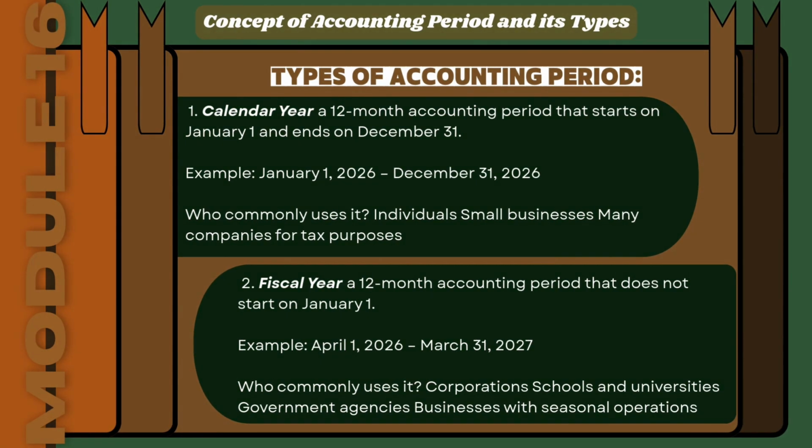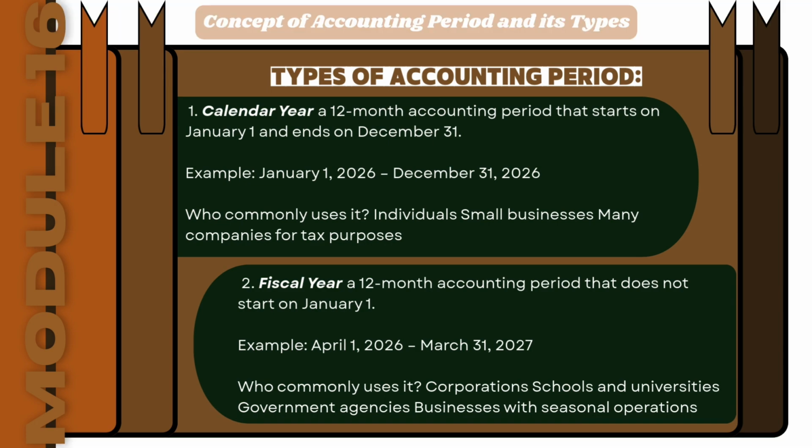Fiscal year. A 12-month accounting period that does not start on January 1st. Example: April 1st, 2026 to March 31st, 2027. Commonly used by corporations, schools and universities, government agencies, and businesses with seasonal operations.